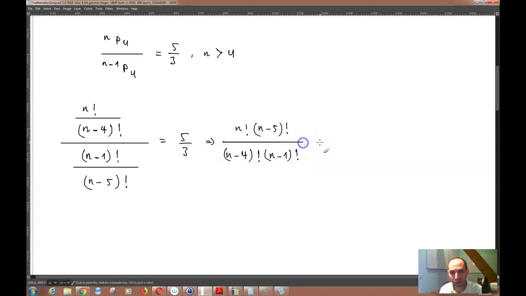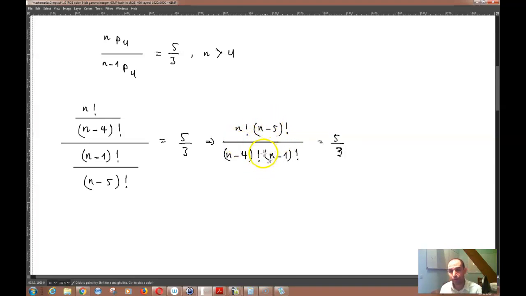And that is equal to 5/3. Now, as you can see, you can simplify n factorial with (n minus 1) factorial, and (n minus 5) factorial and (n minus 4) factorial. You can simplify these two together.